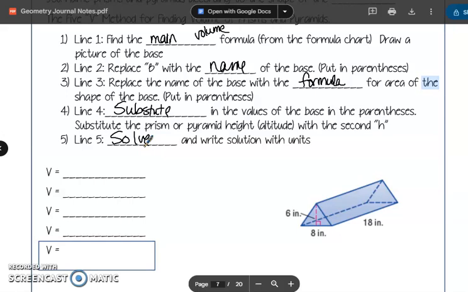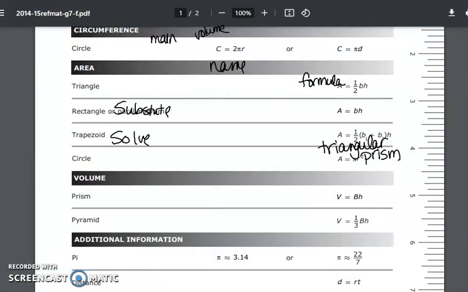Okay? And so I'm going to come back to our triangular prism. I'm going a little fast because I know you can't pause the video. So, number 1, make sure your formula chart's out. Number 1, your main formula or your volume formula. That main formula, volume.